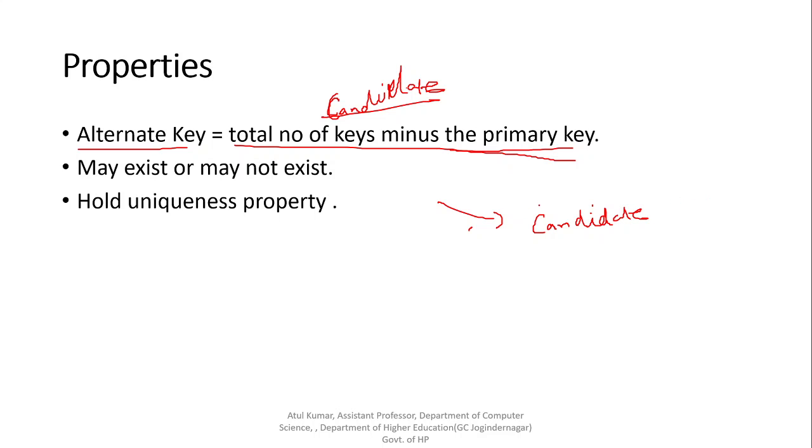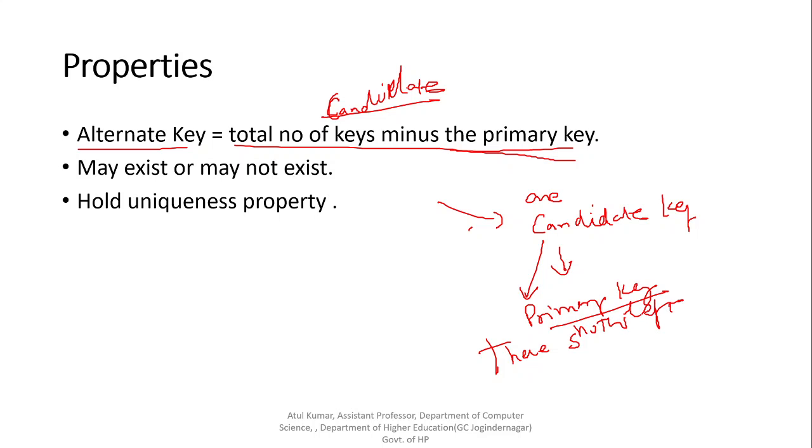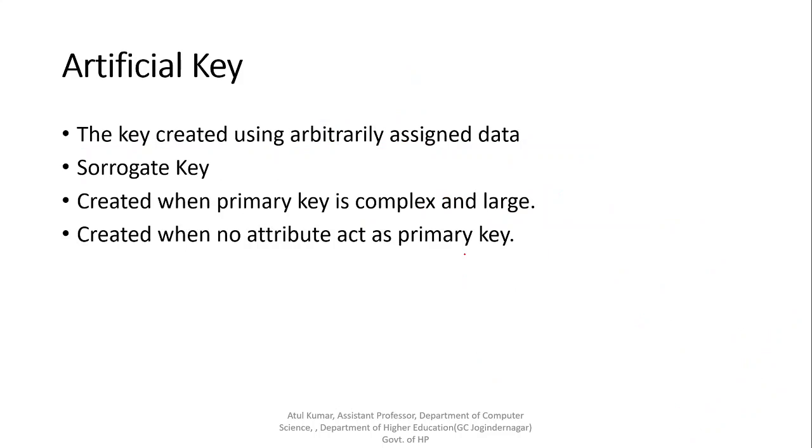If there is only one candidate key for a relation, then we take that candidate key as the primary key, and there is nothing left in the set of candidate keys to make alternate keys. So they may exist or may not exist. Also they hold the property of uniqueness.